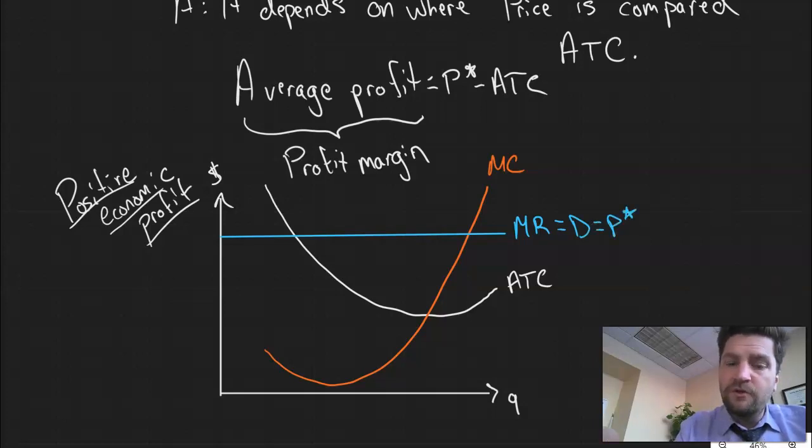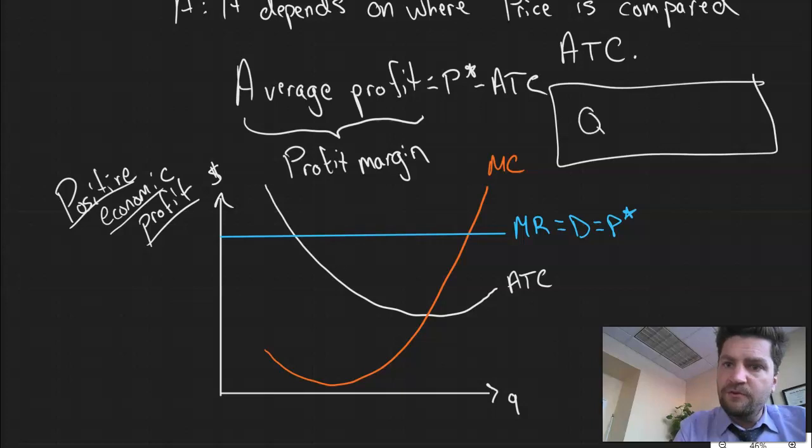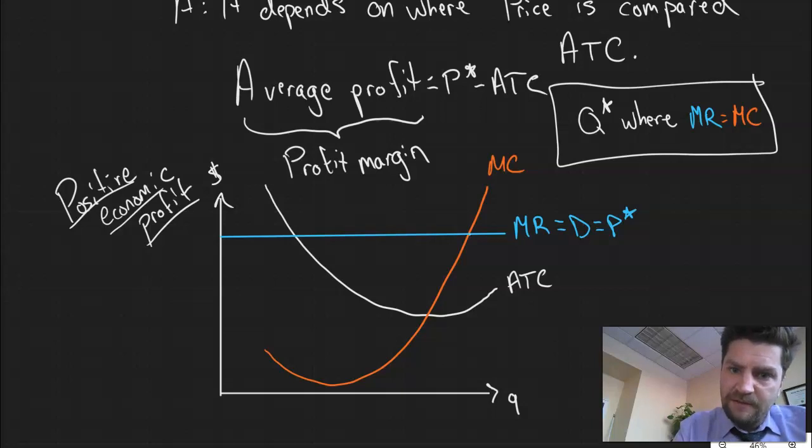And so using that optimal decision, our profit maximizing rule, we want to produce Q star where our marginal revenue is equal to our marginal cost. So that means that we're going to find where they meet. We're going to drop an anchor down. That's going to be my Q star.